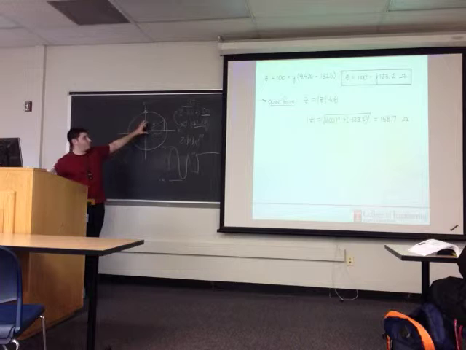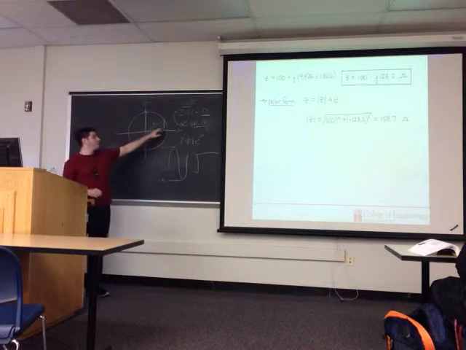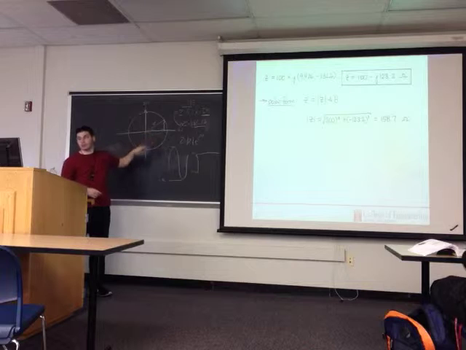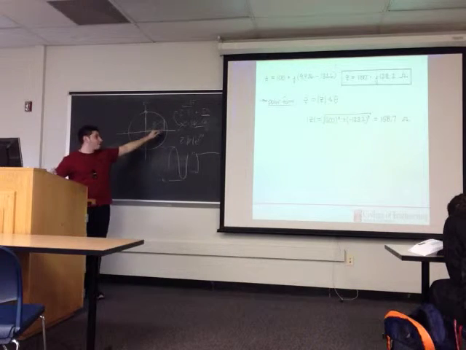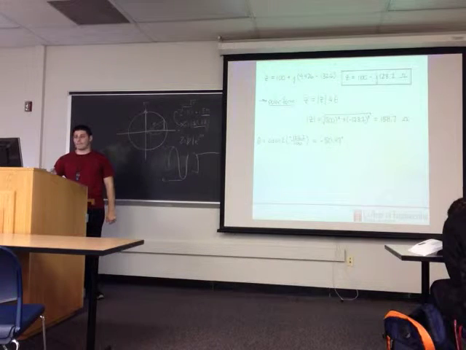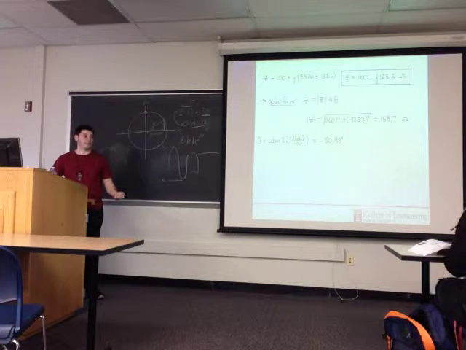Very similar to right here. If we have the y component and the x component, or the imaginary component and real component, we're going to take the inverse tangent of the imaginary component divided by the real portion. Arctan 2 would be the function that you would type in MATLAB.